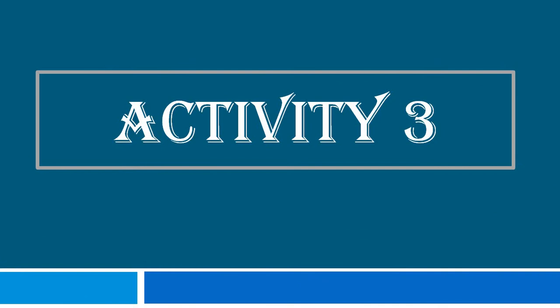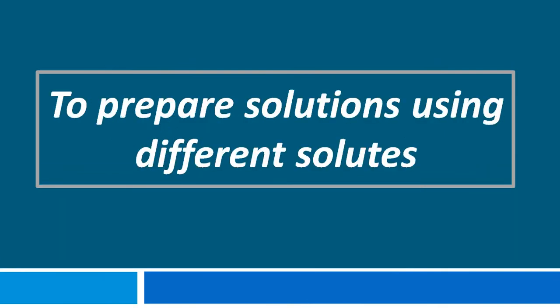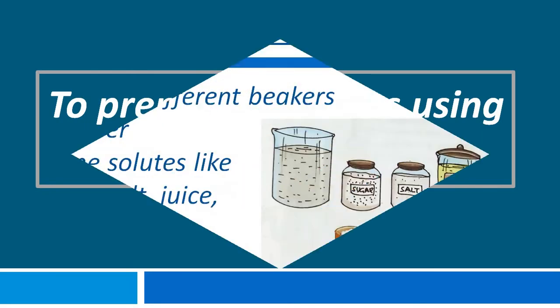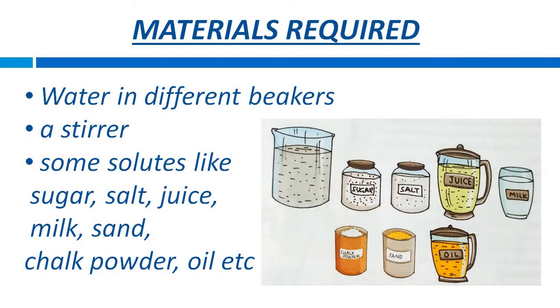Let's do an activity. The activity is to prepare solutions using different solutes. For doing these experiments, you need water in different beakers. I know children, you don't have beaker at your home, so you can use glasses. You can use many of the glasses filled with water.